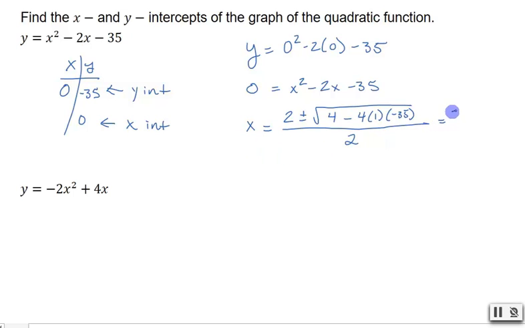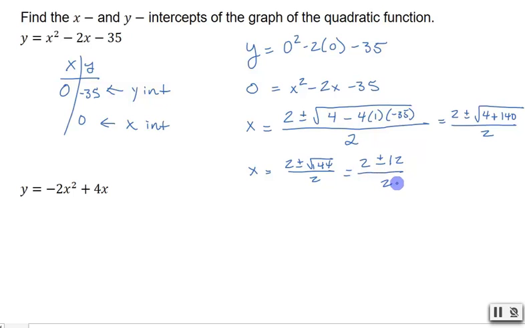Okay, so this is 2 plus or minus the square root of 4 plus 140, all over 2. So that is 2 plus or minus the square root of 144 over 2. So 2 plus or minus the square root of 144 is 12, and it's all over 2.